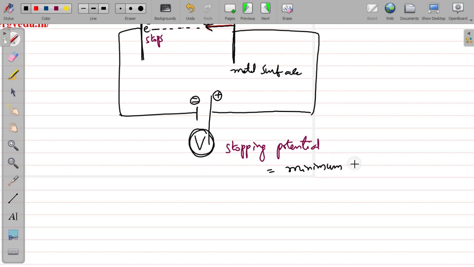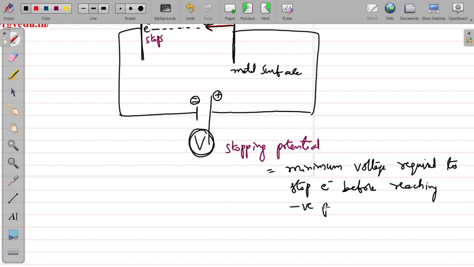So, minimum voltage required to stop the electron, the photoelectron in fact, which is released from the metal surface, before reaching the negative plate. That is called the stopping potential.